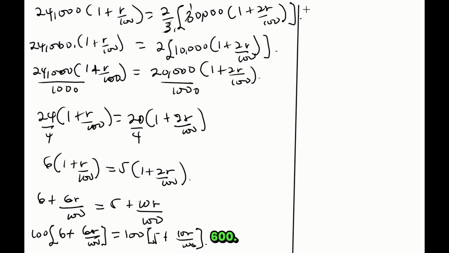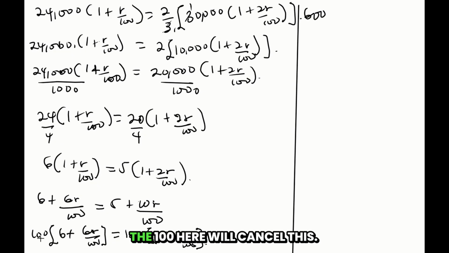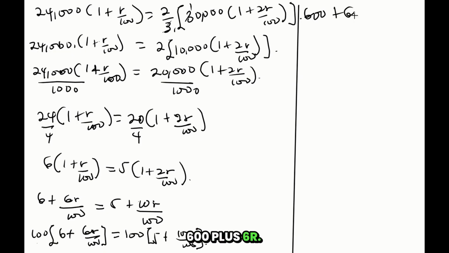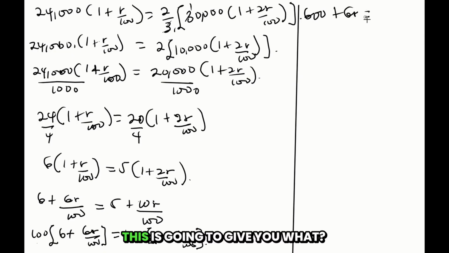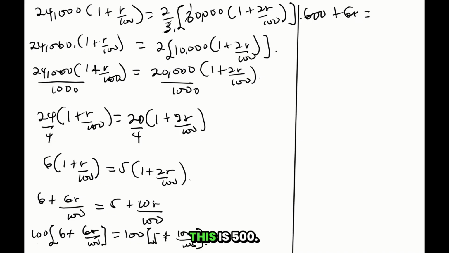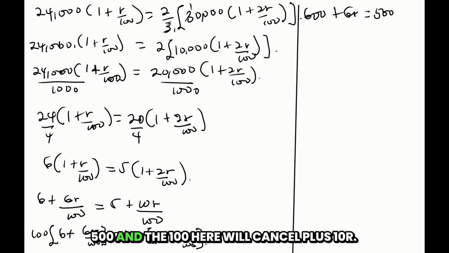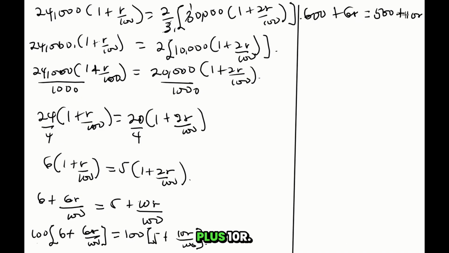This is 600. The 100 here will cancel this. So we are having 600 plus 6R. This is going to give you 500, and the 100 here will cancel, plus 10R.